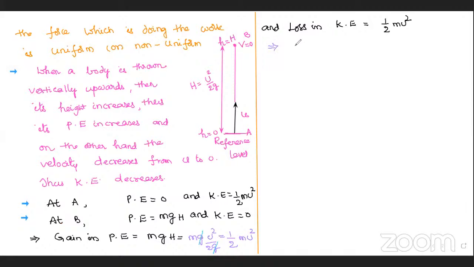That implies I can conclude loss in KE is equal to gain in PE. Yesterday we used this concept in problems also. Loss of kinetic energy or loss of potential energy is equal to gain in another energy. Okay, good.